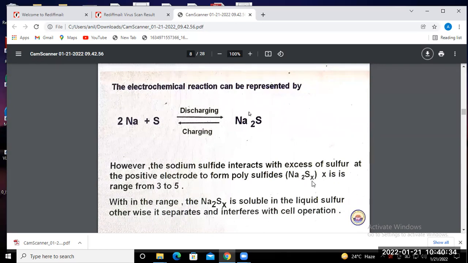Within this range, the Na2Sx is soluble in the liquid sulfur, otherwise it separates and interferes with the cell operation. So you can keep their chemical reaction during the charging and discharging like this: sodium and sulfur during the discharging make sodium sulfide. Okay, their chemical formula can be represented as Na2S.